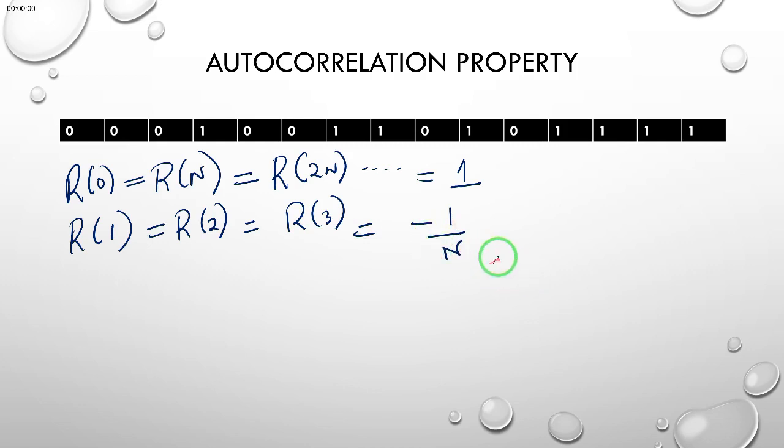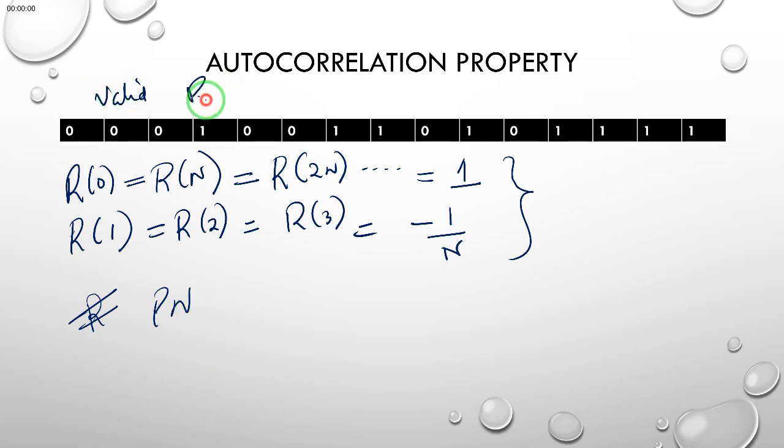Having come to that agreement, whenever we receive a PN sequence that meets this validation property, that means it's valid, it's random, and it's unpredictable.